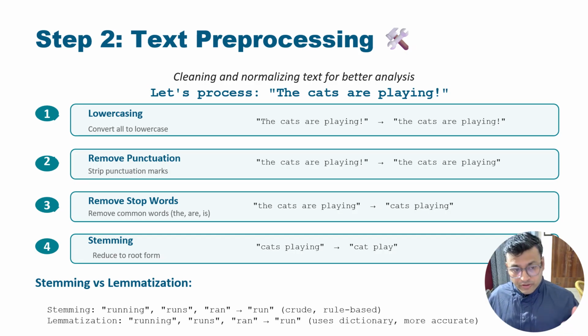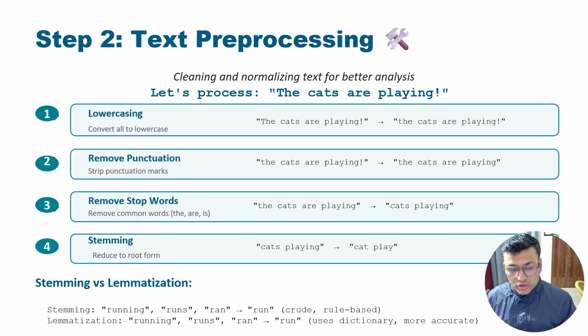If you see, first of all, in step 2, in the processing unit, NLP does lowercasing of everything in that given sentence. The second thing is remove punctuations. So you see that the last punctuation in that sentence has been removed. Third one is remove stop words. Like in "cats are playing", "are" is a stop word, it has just been removed. So you now have cats and playing.